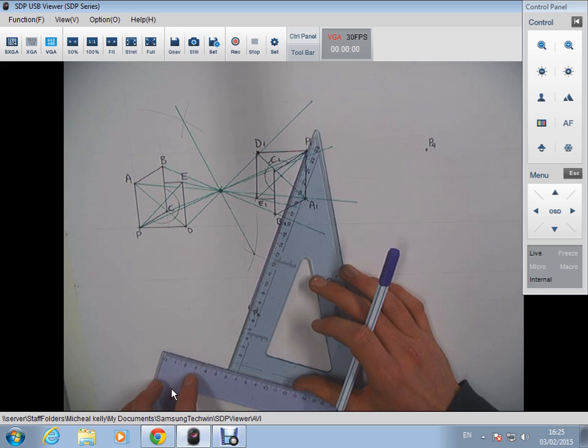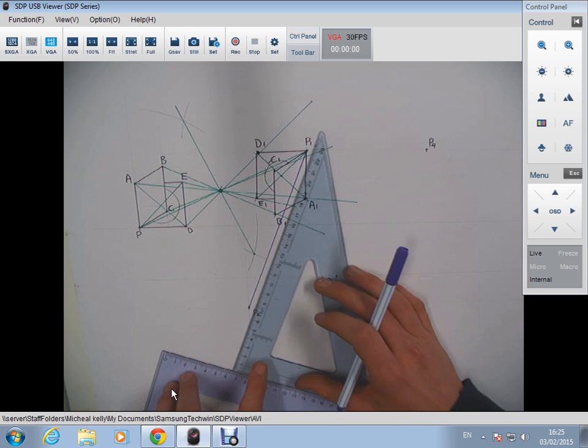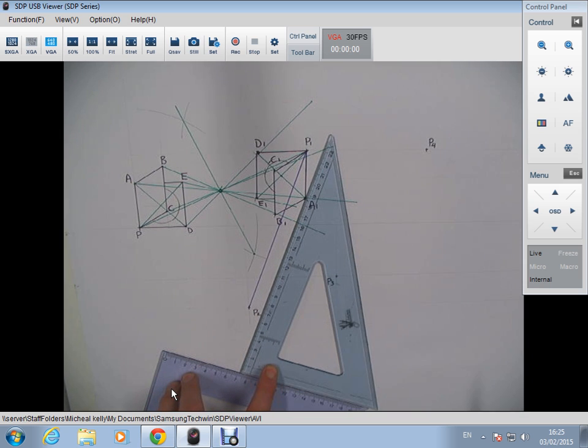So I'm going to take each parallel line to the line P1 P2 from each of the remaining points.